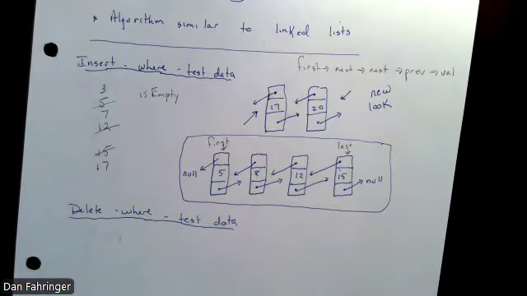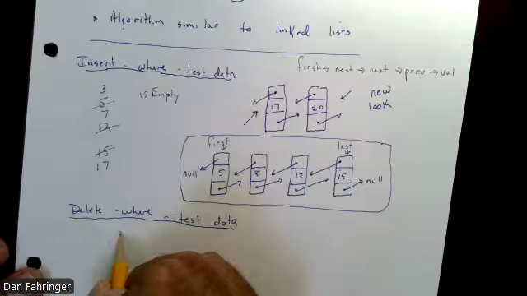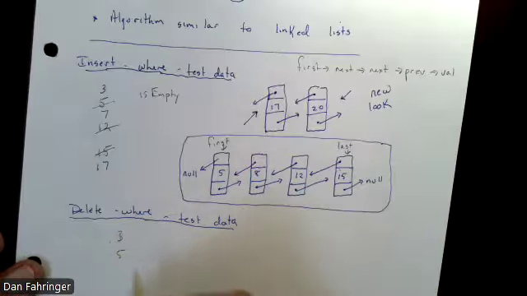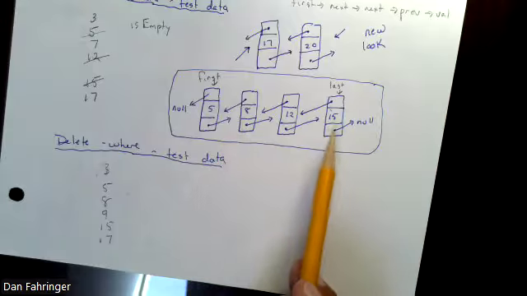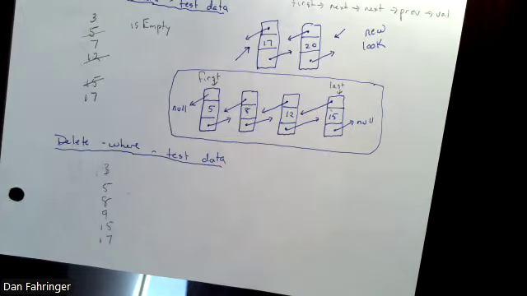Did I accidentally say delete? Oh, my bad. Well, now we have delete: 3, 5, 8, 9, 15, 17. I don't know that it would ever get to 17 because my loop would shut down after 15.